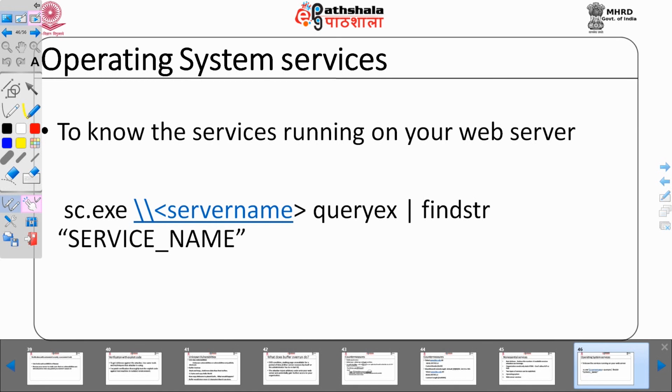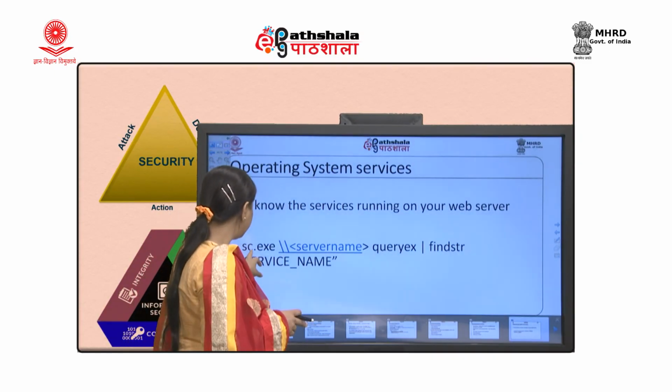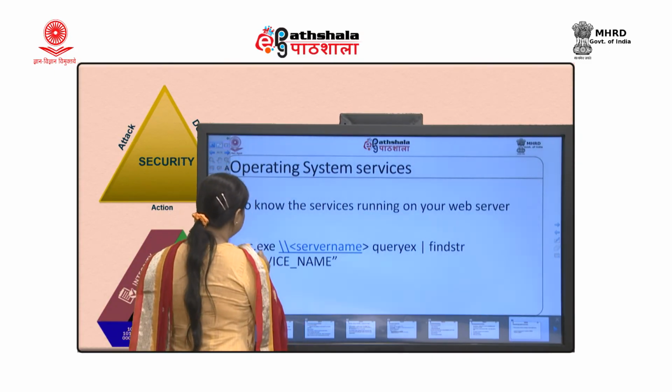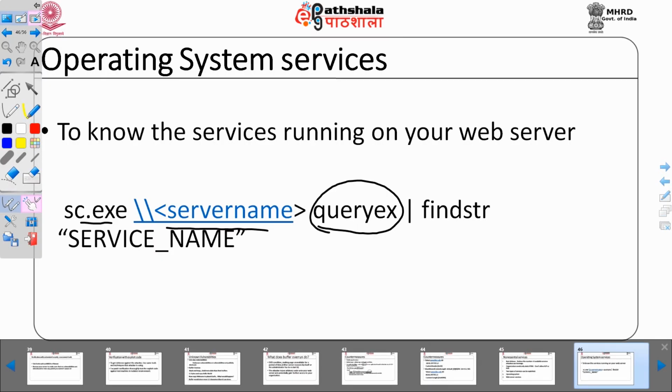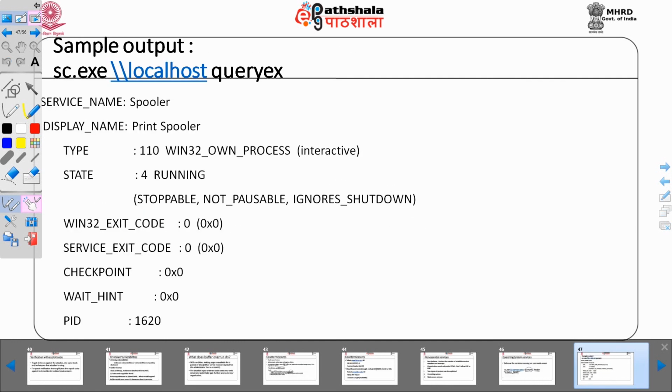Now, one more option: on your web server, check how many services are running with the command sc.exe, give the server name here, and then use the keyword query ex, which tells you how many services are running. If you want to find a particular service, use the keyword findstr and provide the actual service name. To give you an idea, first you say sc.exe, your server name and query ex.